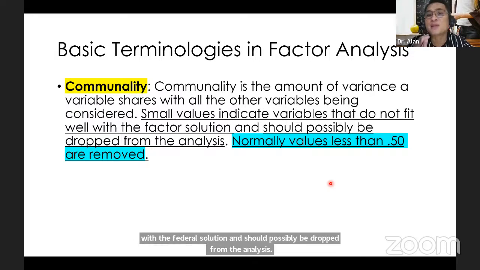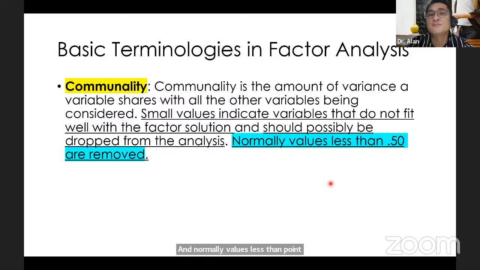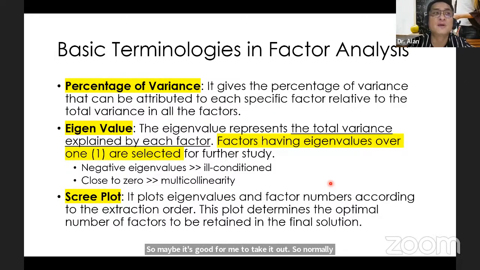Normally values less than 0.5, we remove them. But again, this is based on judgment. My practice is less than 0.5, then I know that maybe something is wrong, so it is good for me to take it out.